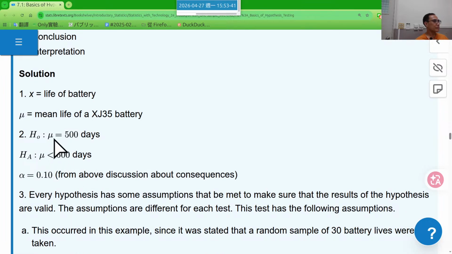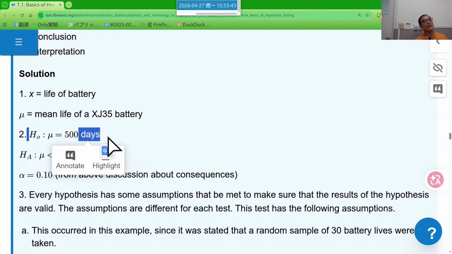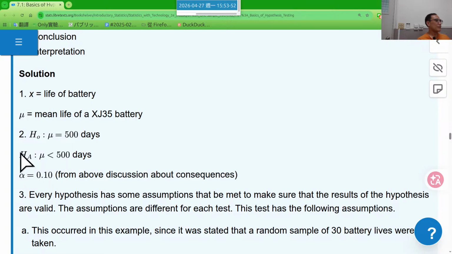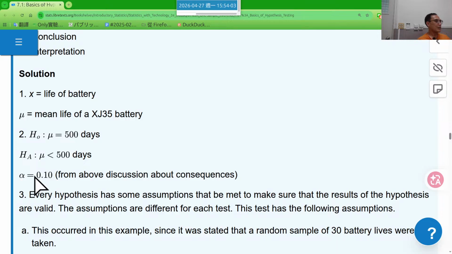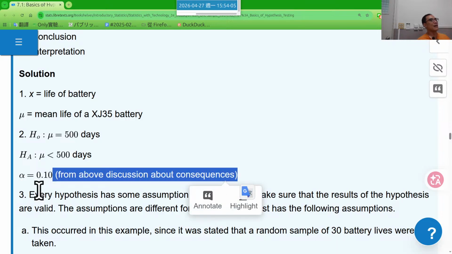Null hypothesis: we use 500 days from the manufacturer, and the alternative hypothesis is the average life of the battery is less than 500 days. And here we set alpha as 0.1 because we cannot tolerate the type 2 error. We cannot tolerate the type 2 error. Thus, we increase the alpha.